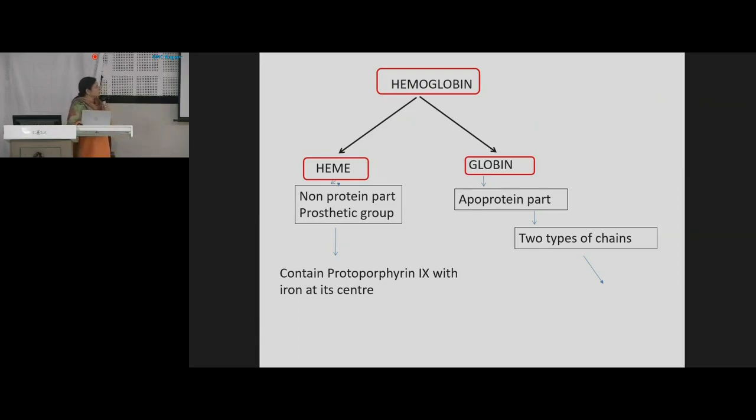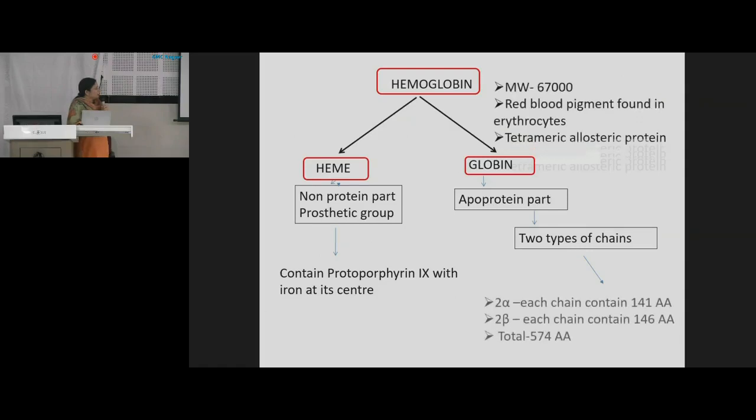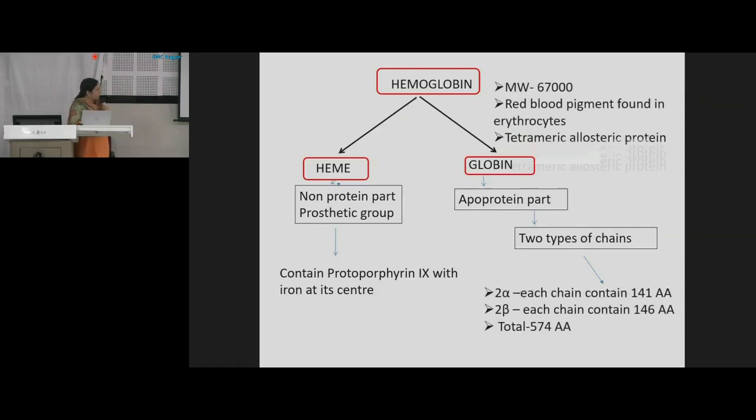And globin is the apoprotein part, where two types of chains are there: 2 alpha, each chain containing 141 amino acids, and 2 beta, each chain containing 146 amino acids. It has a molecular weight of 67,000 Dalton. It is a red pigment which is present in the erythrocytes.